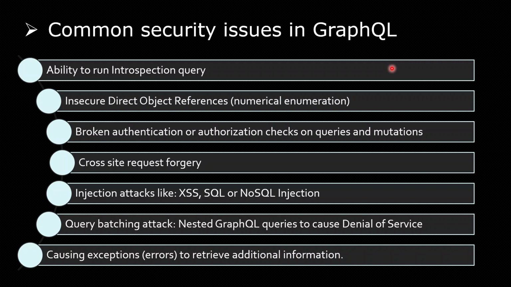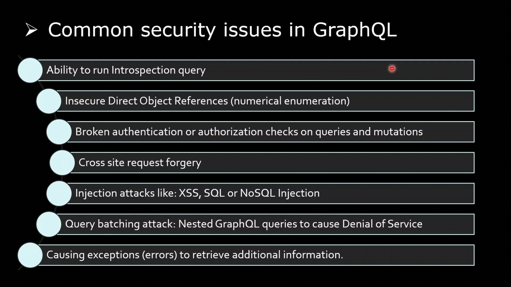Then performing numerical IDOR. Just like in a web application, you can perform numerical IDOR, and it's a common security issue in GraphQL implementations. Then broken authentication and authorization checks. In the first example we saw that the endpoint was /GraphQL, and there are some implementations where you can access that endpoint, domain.com/GraphQL, without any authentication.